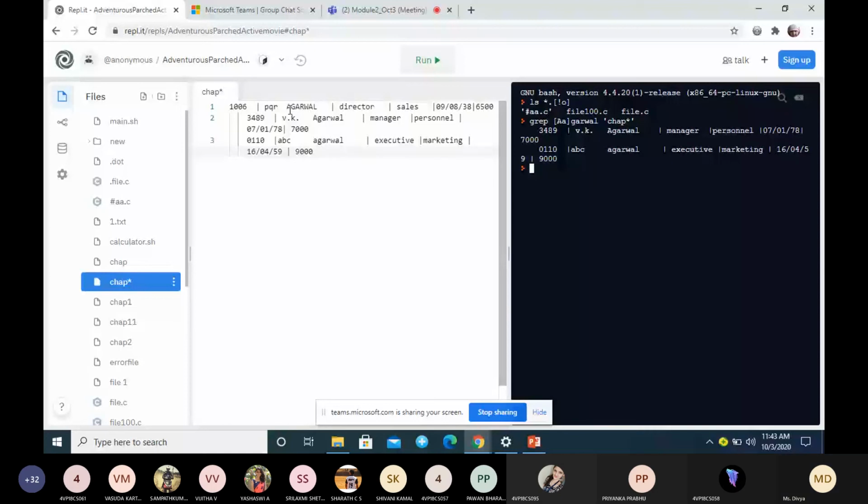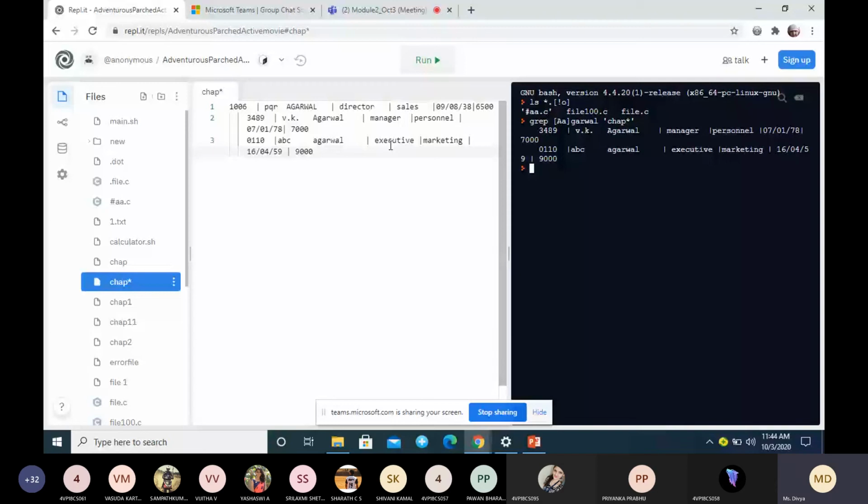Is it clear? So it will only search for a pattern where the first character can be either a capital or a small letter, and the remaining characters are GARWAL.